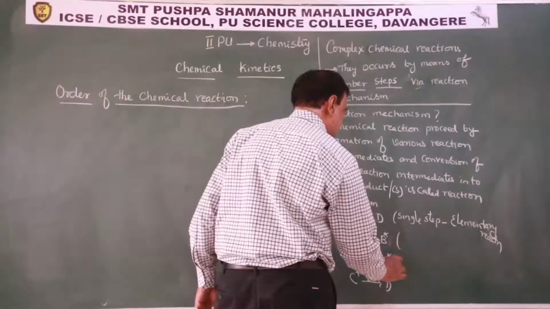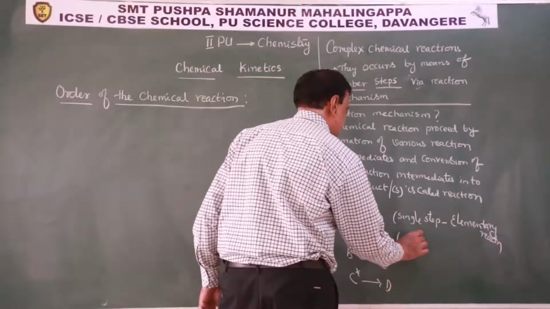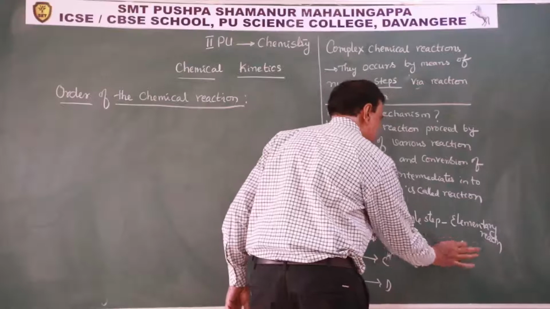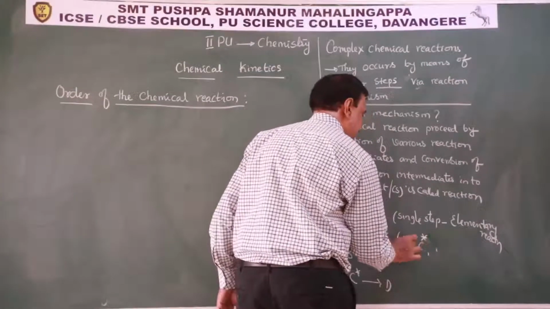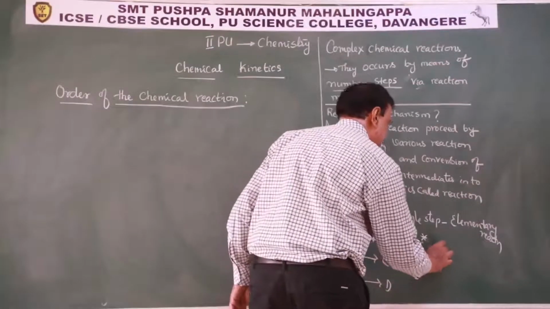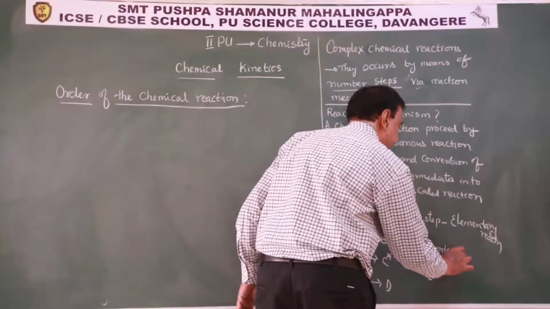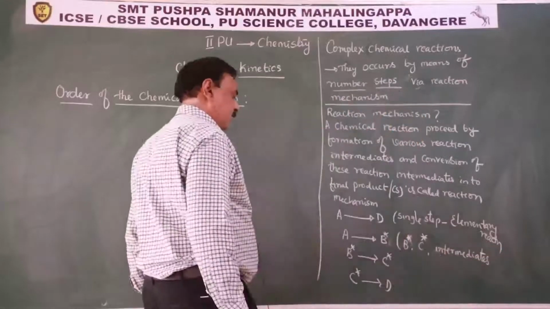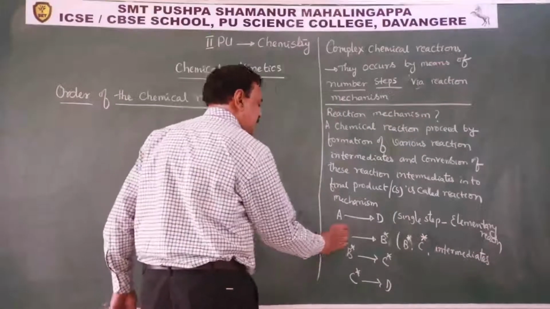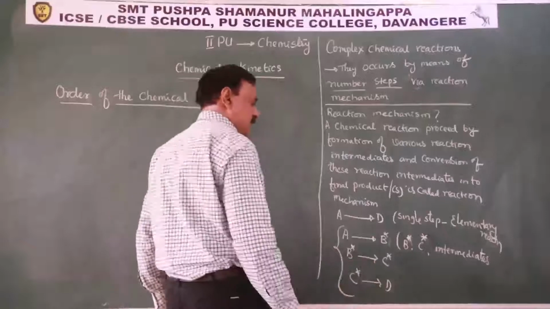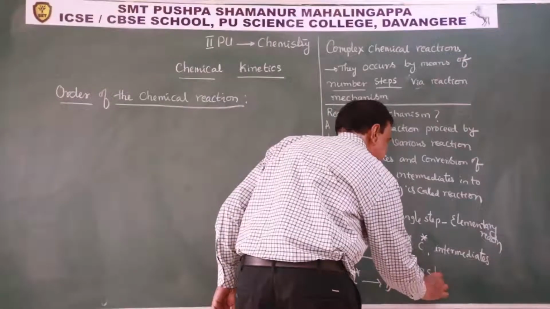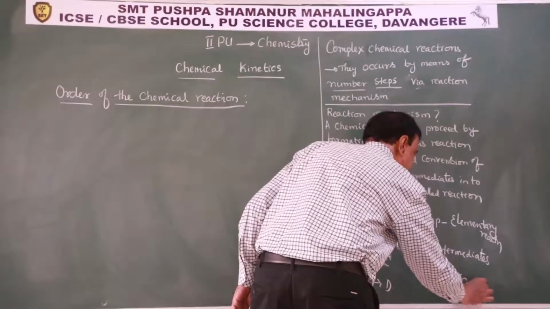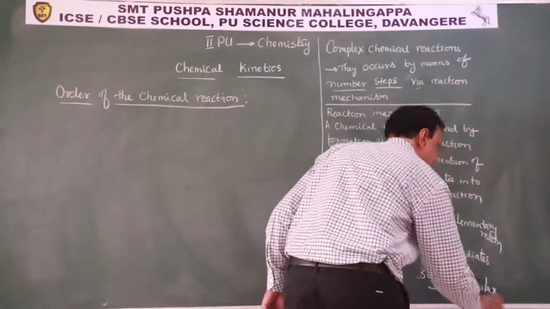B* and C* are the reaction intermediates. They are not final products. Therefore, the same reaction occurs in 3 steps. This is called a complex chemical reaction.